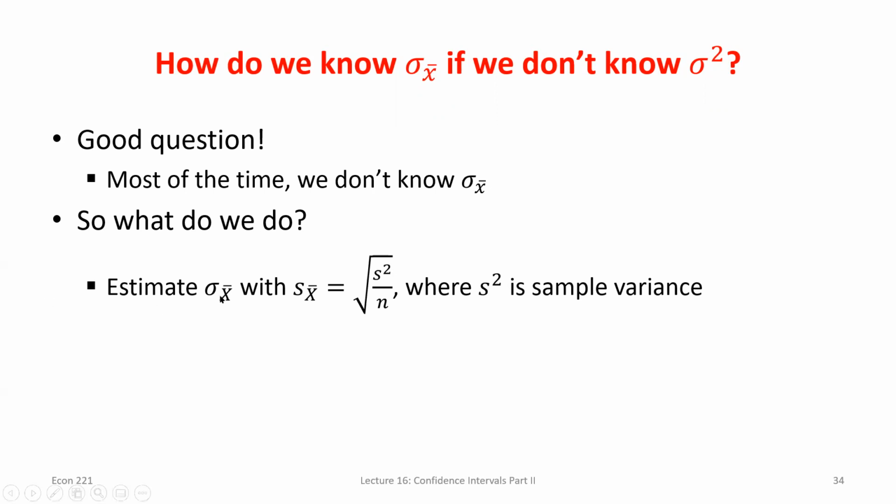So now the standard deviation of our sample means, we're going to write it with an S instead of a sigma to just denote we calculated the standard deviation of our sample means using a sample variance, not a known population variance. So we usually call these types of examples, we have an unknown population variance. So all we can do is the next best thing, which is to use our sample variance.